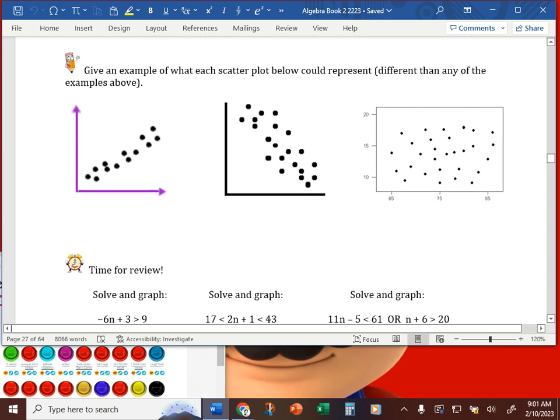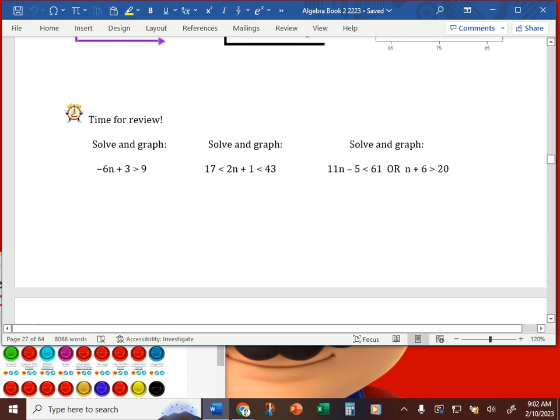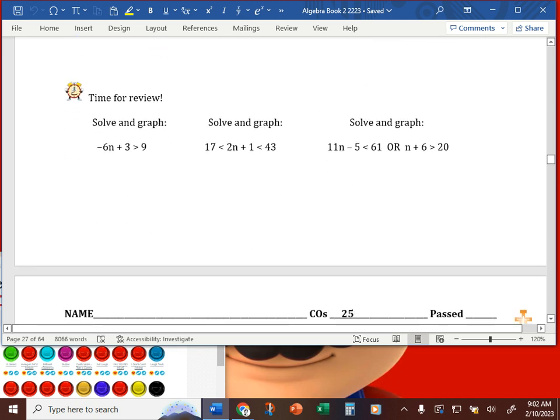Then give an example of what each scatter plot below could represent different than any one of the examples above. So you have one with positive correlation, one with negative correlation, one with no correlation. You have to come up with an original thought. You cannot reuse any of the ones on the page. And then time to review solving and graphing inequalities. You've got one standard inequality, one and statement, and one or statement there to solve and graph.